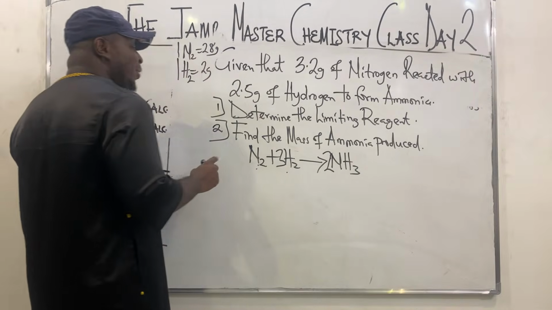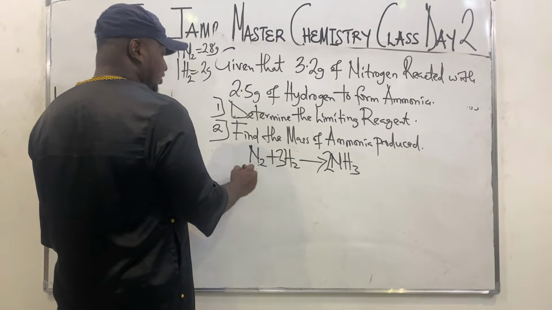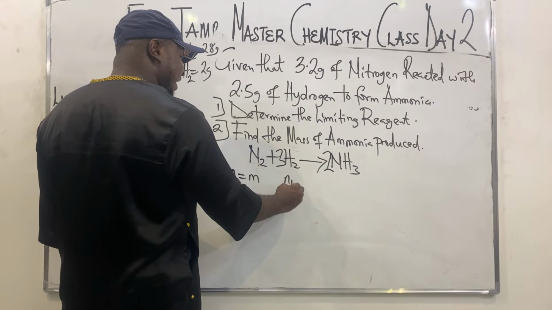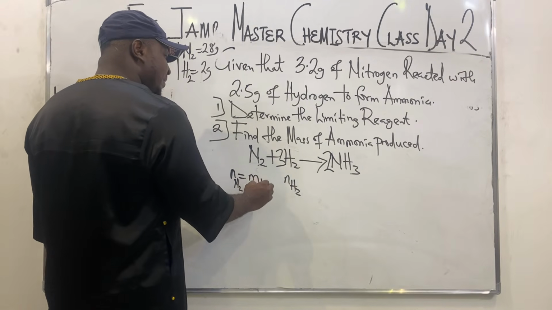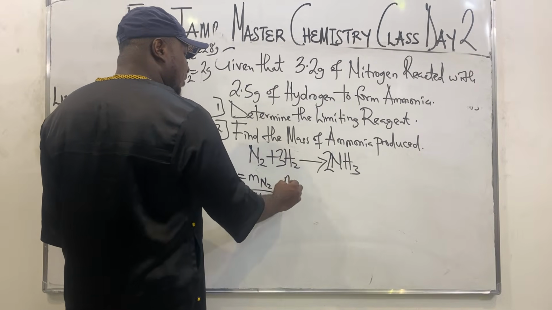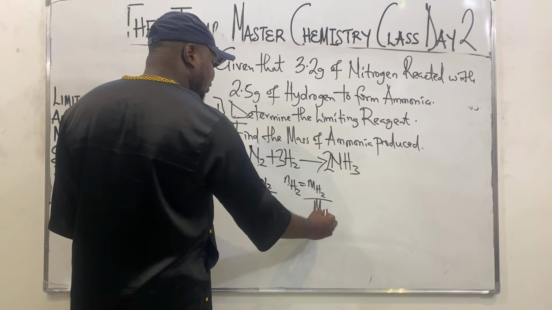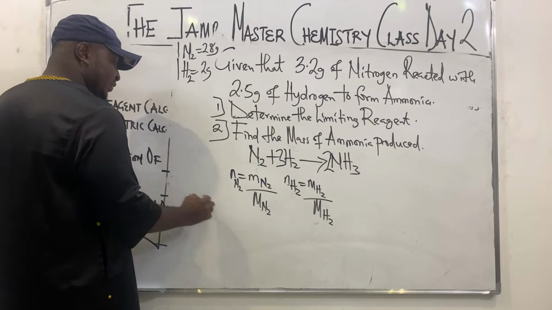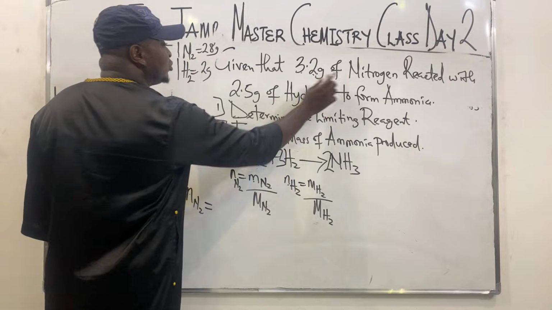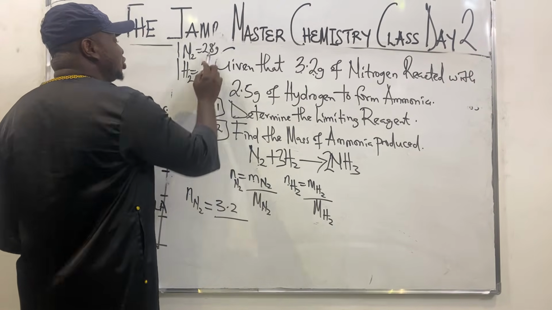Now, step 1 says to find what? The number of moles of each reactant. Number of moles is mass over molar mass. We have done that yesterday. Number of moles for nitrogen will be mass of nitrogen all over molar mass of nitrogen, and for hydrogen it will be mass of hydrogen all over molar mass of hydrogen. They gave us 3.2 grams of nitrogen. What's the molar mass of nitrogen? 28 grams.